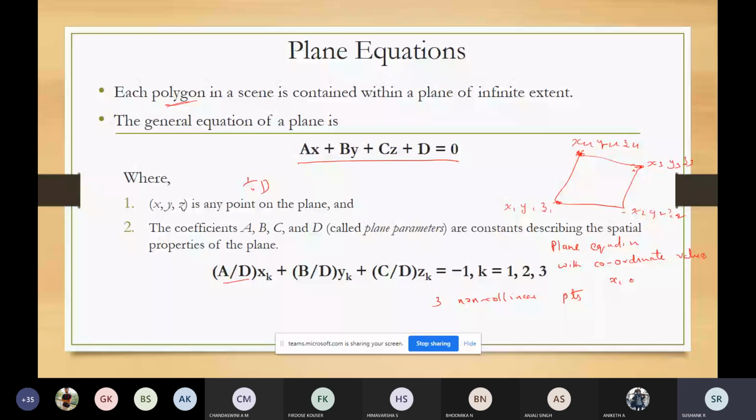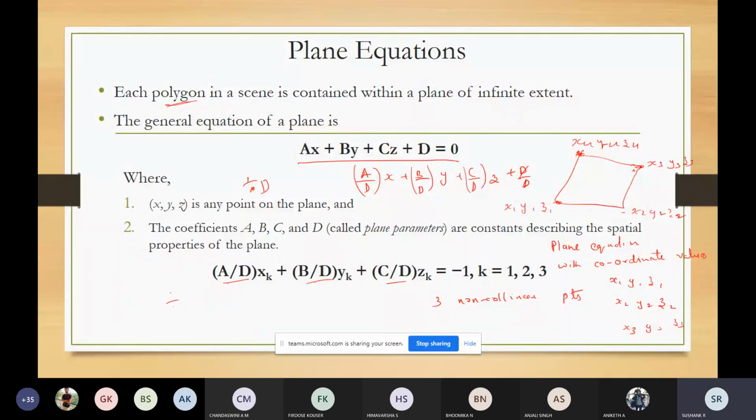After this, since we are solving, we divide this equation by d. So we get a by d xk, b by d yk, c by d zk, which is equal to minus 1. How are we getting this? Dividing, a by d x plus b by d y plus c by d z plus d by d.